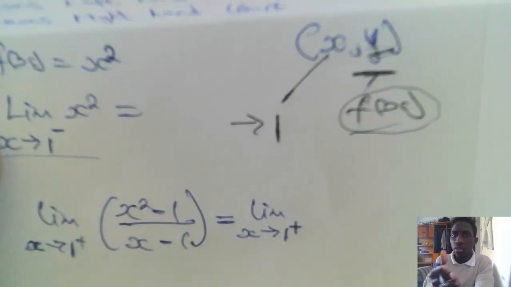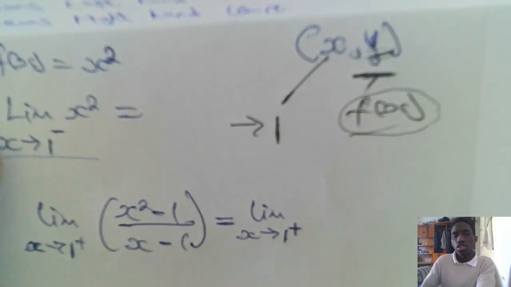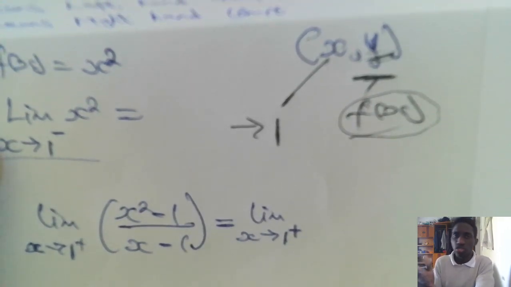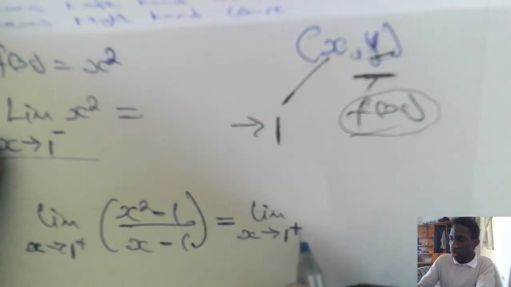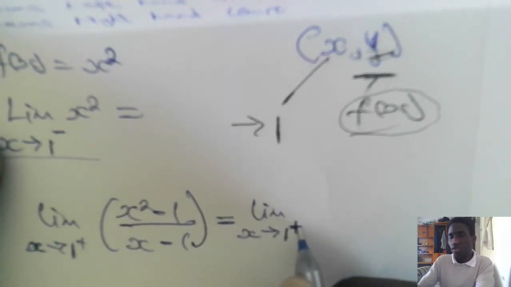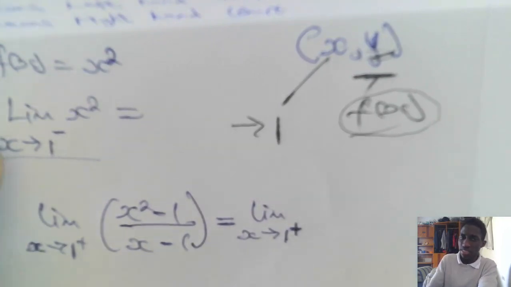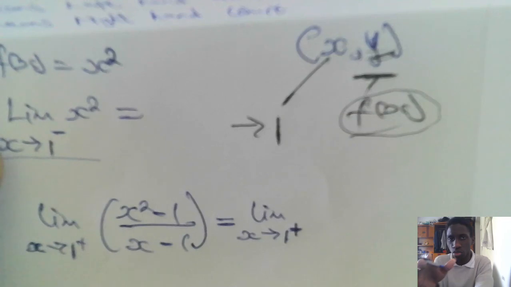If we get the indeterminate form 0 over 0, then we know we need another way to solve this. But since these are left and right limits, it's advisable that you simplify first. Try and see if something can cancel out.